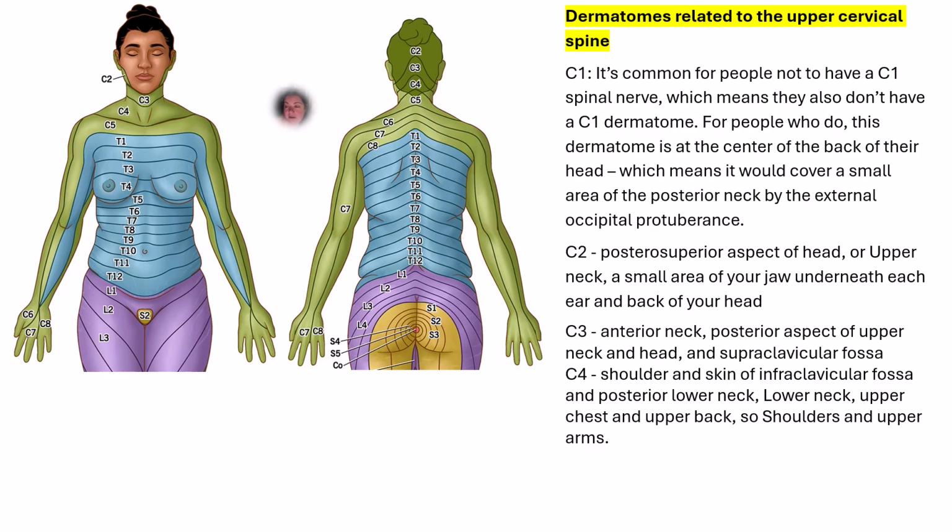Supra means above, and clavicular, I'm sure we're talking about the clavicle, so that's going to be the fossa above the clavicle. C4 is the shoulder and skin of the infraclavicular fossa. Infra meaning inferior or below, so below the clavicle fossa, fossa meaning an indention, and posterior, the back of your lower neck. It does your lower neck, upper chest, upper back, and shoulders and upper arms.